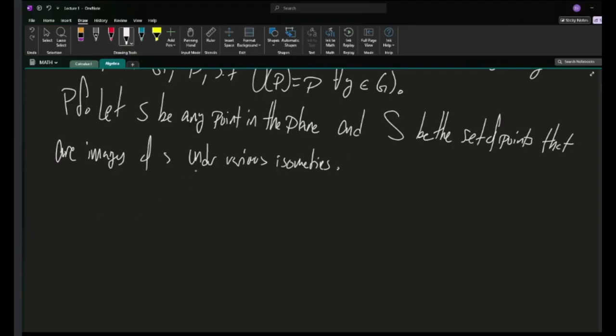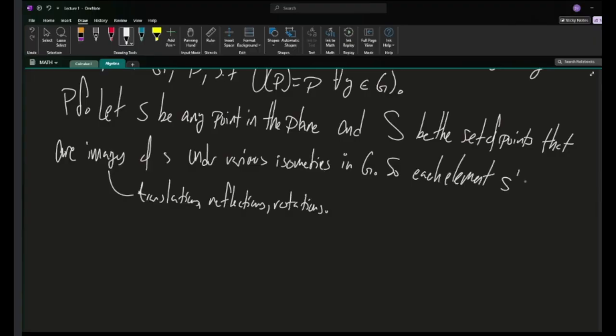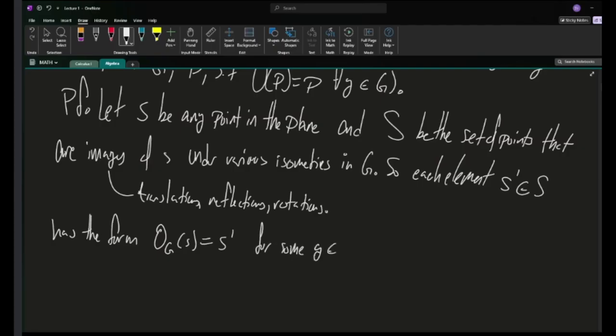What we mean by images is that we denote these as translations, reflections, and rotations in G. So each element S prime in the set has the form O of g in S, equal to S prime for some g in G.